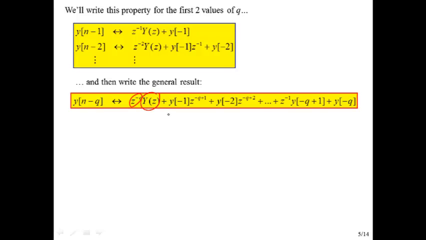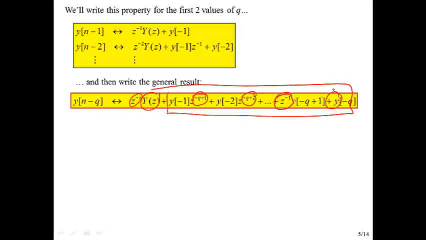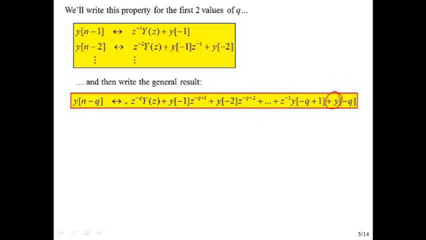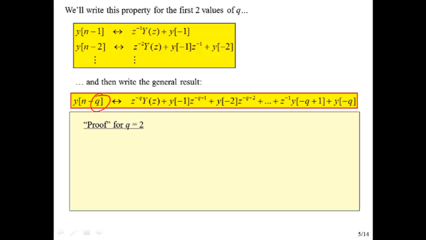Then we're going to have q terms here, and you can see that they go z to the minus q plus 1, z to the minus q plus 2, all the way down to z to the minus 1, down to z to the 0. So it's very easy to apply that, and you can see the order of the initial conditions: y of minus 1, y of minus 2, all the way down to y of minus q. So we need q initial conditions to account for this shift by q, and that makes complete sense.